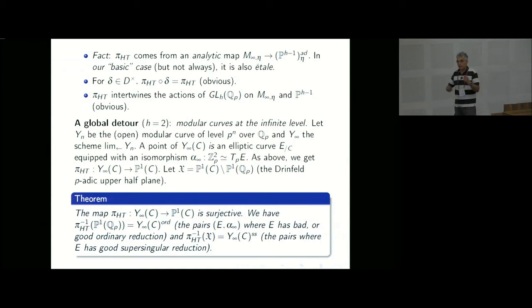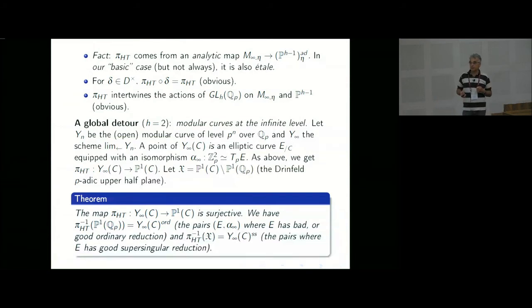It's not just up to change of variables over C, it's canonically P^1. So if you look at the preimage of a Q_p point, you get, of course, many triples, it's not one-to-one, but they're all in the ordinary part of Y_infinity.